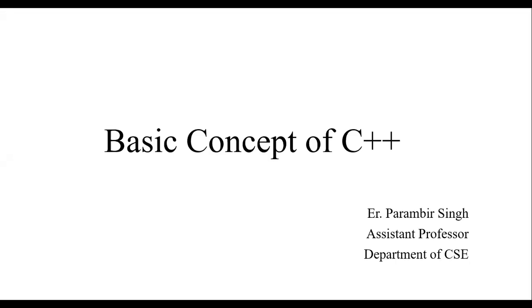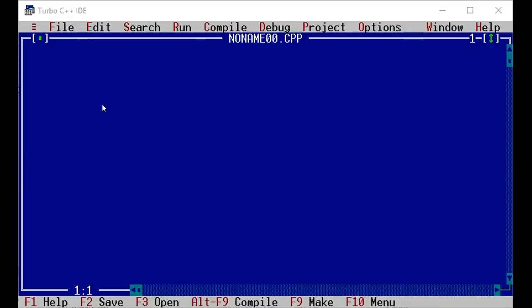First we start our Turbo C++. So first, let's start from hash include iostream dot h.